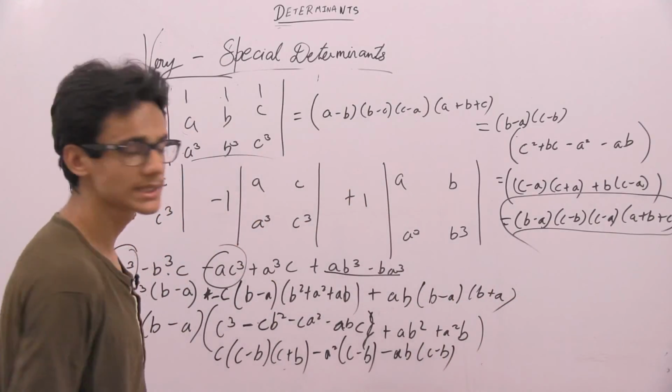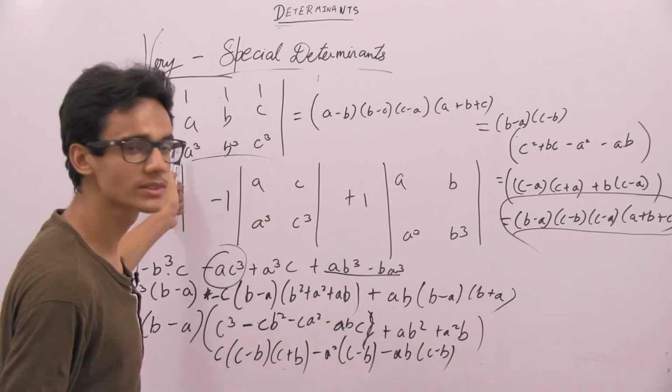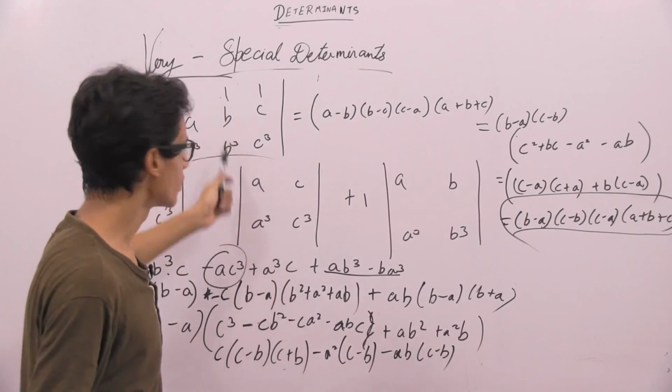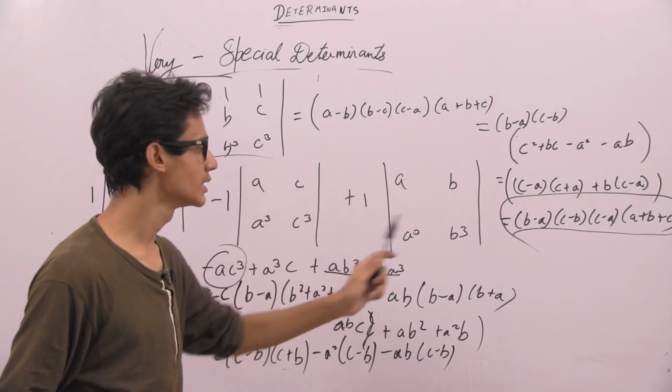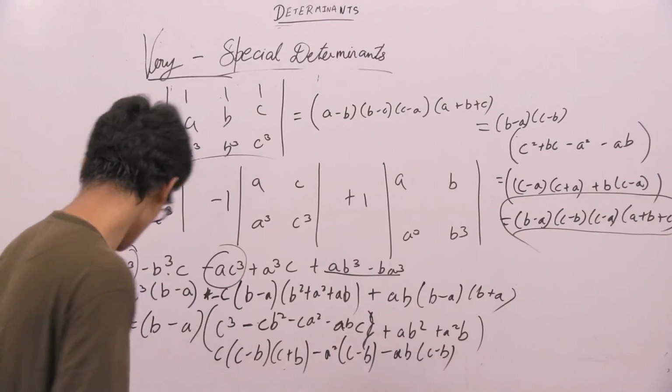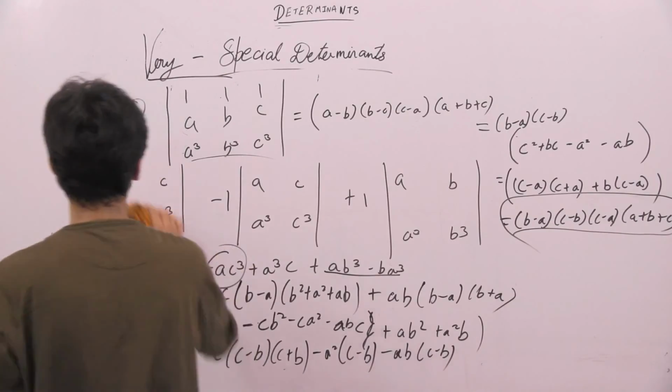So whenever we see this type of determinant having 1, then some value, then its cube in all the columns or all the rows, we will directly apply this formula. There is one more very special type of determinant.